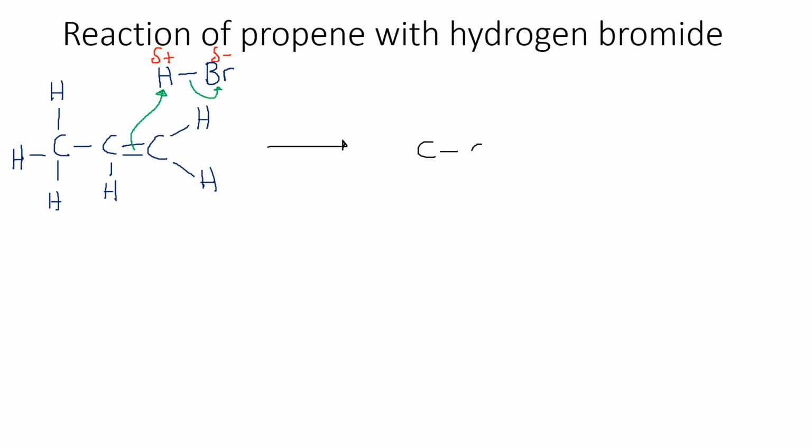You've got your 3 carbons, 1, 2, 3. But the question is, where do we put the carbocation? You could put your carbocation in the middle, like so. And the hydrogen adds on to the end carbon.